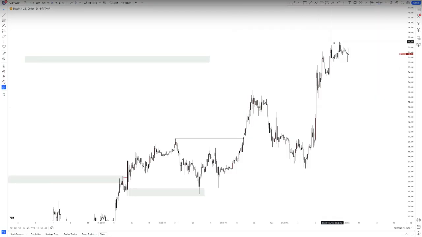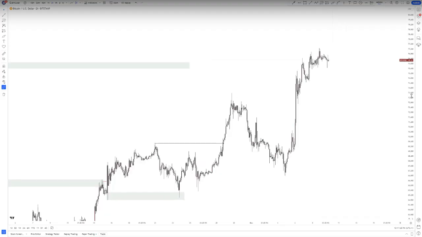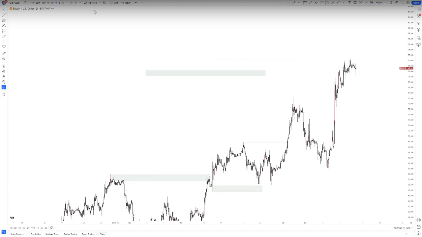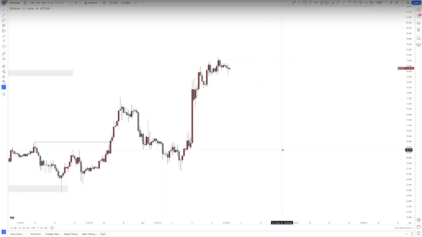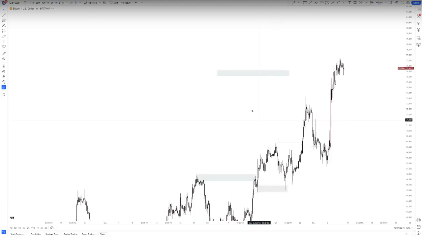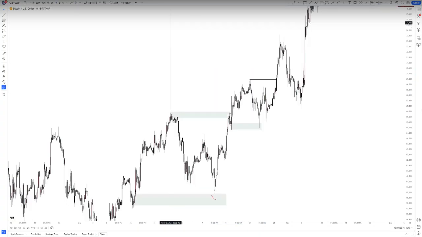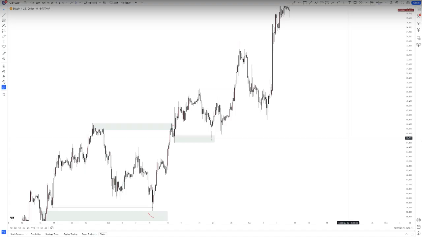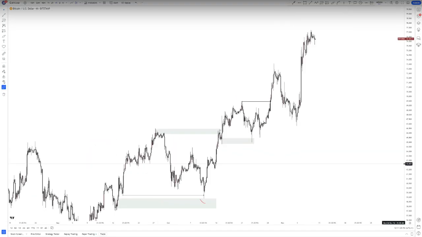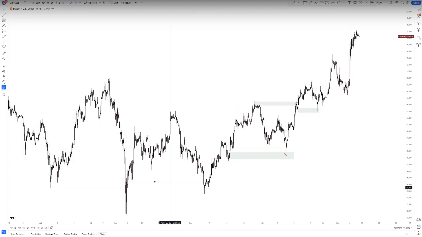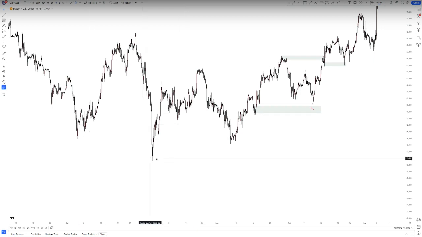Bitcoin is a very common pair you guys must have been hearing every time. Bitcoin is very, very popular, and everybody uses it. So I prefer to use Bitcoin. So now, market structure is very important, like I said.